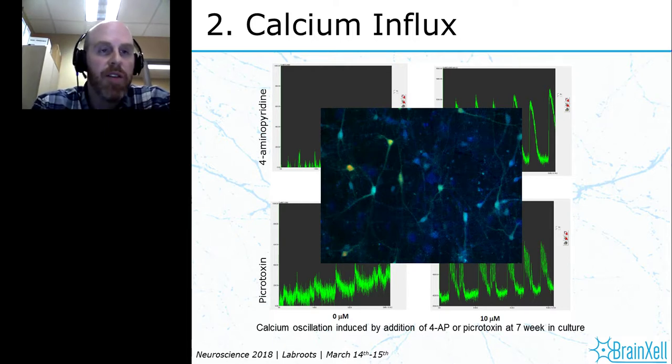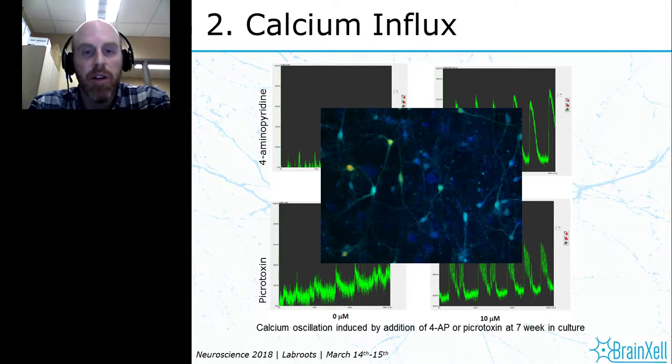And this kind of activity potentially could be parsed for a disease versus normal condition, building these kinds of disease in a dish systems, really looking at overall network level activity.